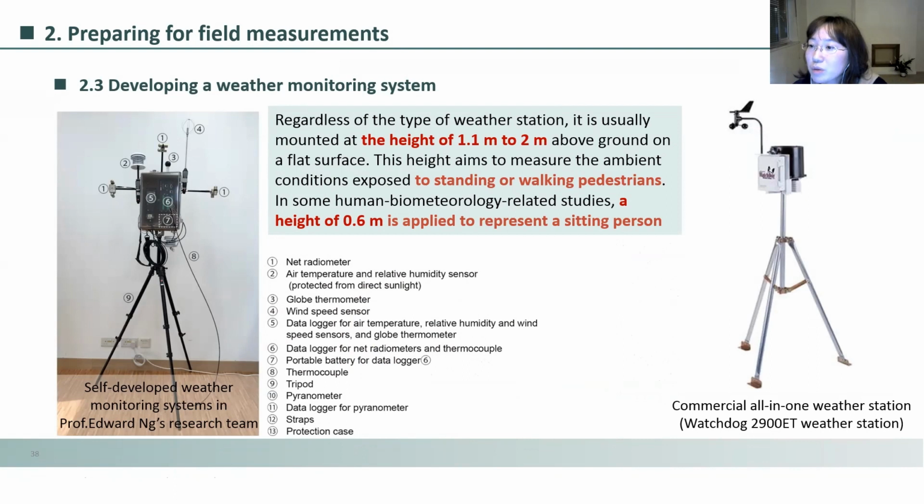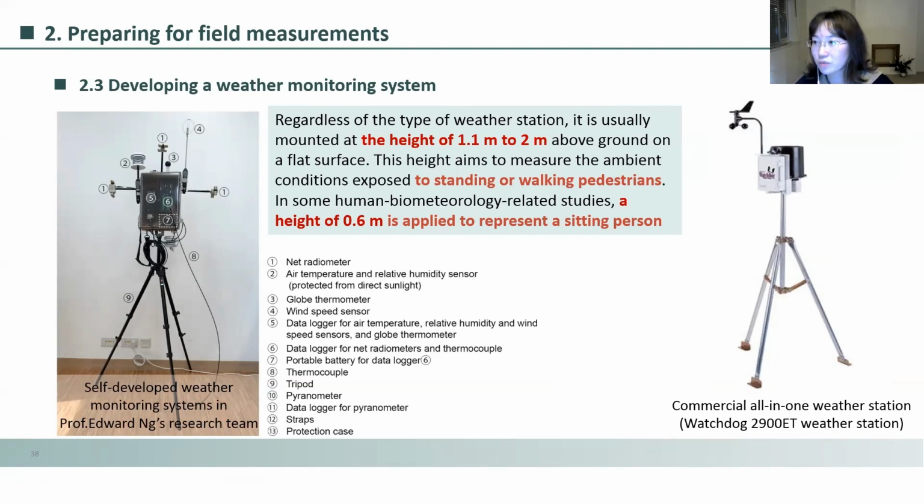So the next step is to develop a weather monitoring system. There are two ways. One is you can use the commercial all-in-one weather station. For example, this is the Watchdog weather station, but it may not meet your own requirement, so you can use your self-developed weather monitoring system.